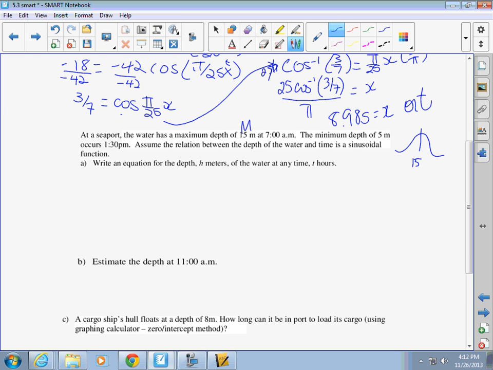The minimum depth of 5 meters occurs at 1:30 p.m. So the minimum depth would be here. Your height's going to go along the y-axis. So 15 and 5.